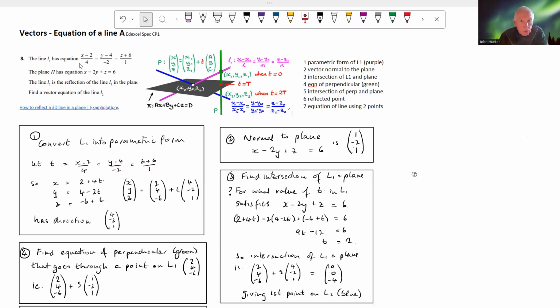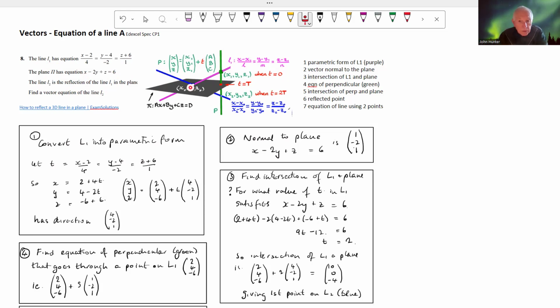So look at the question first. Line L1 has equation that, and the plane Π2 has equation that. Right, and here we've got the diagram. This is courtesy of Exam Solutions.